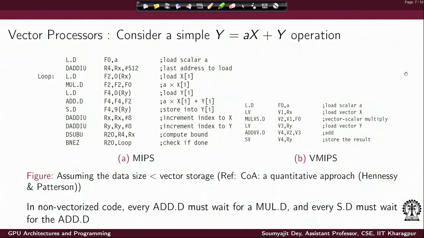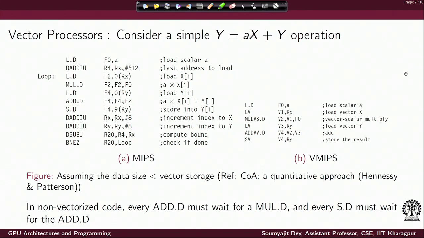For the time being, we assume that the vector sizes are less than the vector storage. That means we are working on data where the data type is a vector, basically arrays, but the dimension on which I am working on those arrays is smaller than the vector storage possible in the architecture.